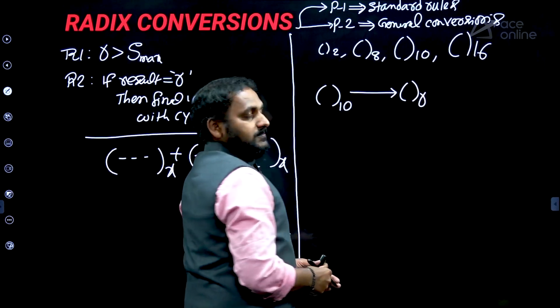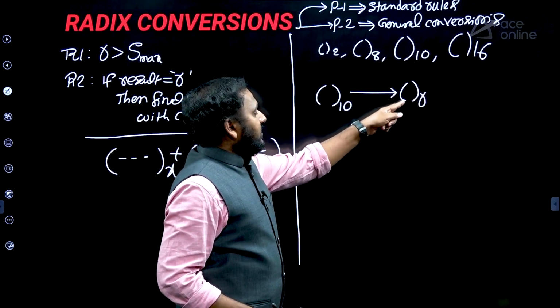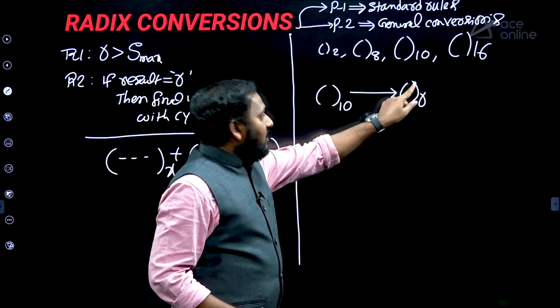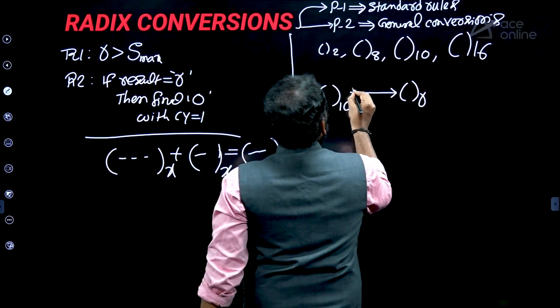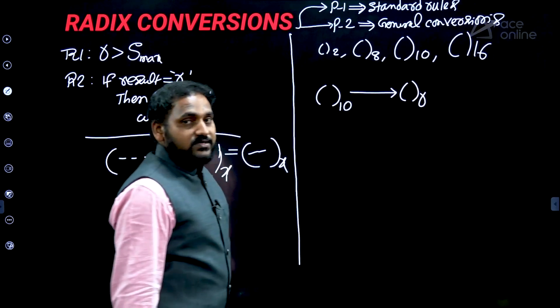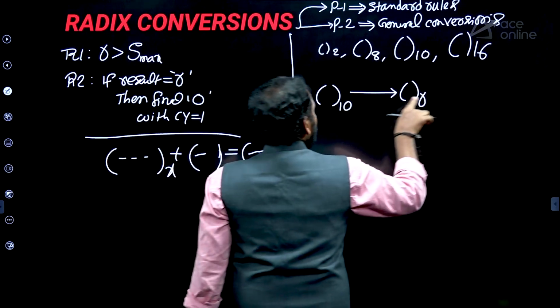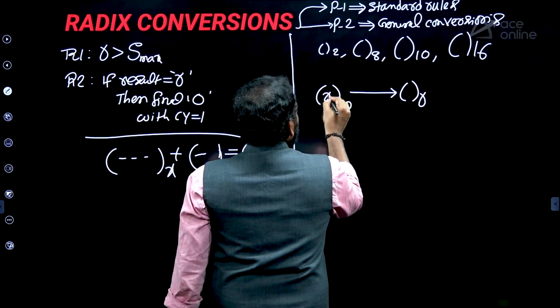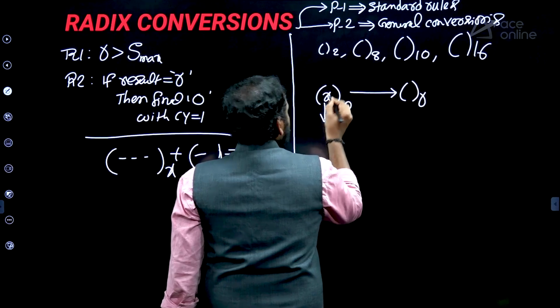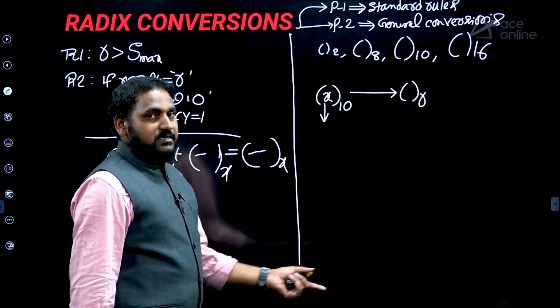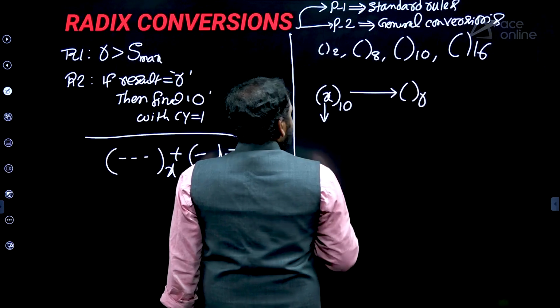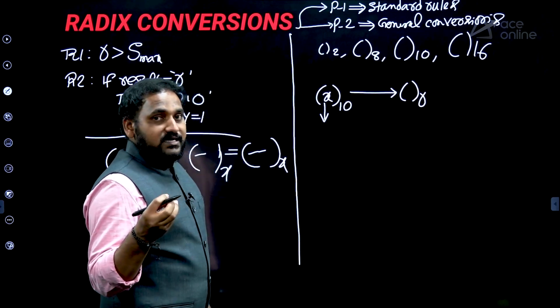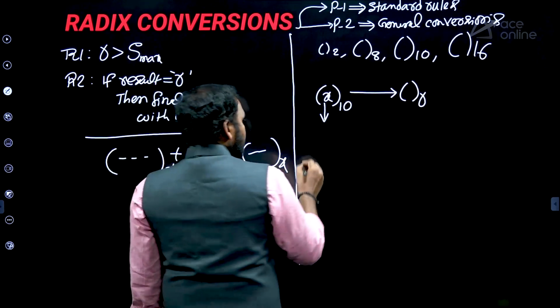Decimal to other means decimal to binary, octal, hexa, 3. Other to decimal, 3. 3 plus 3, 6 conversions. Total there are 6 conversions. Here decimal to others. Let me take the integer part here. Integer and fractional, maybe there are 2. Integer part, maybe fractional part. Here we are doing what? Subsequent division, or we can simply say successive division.